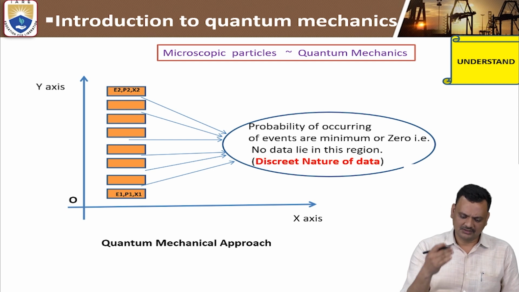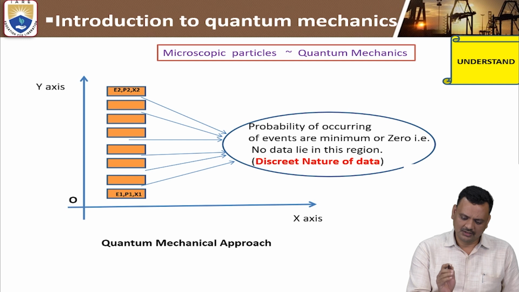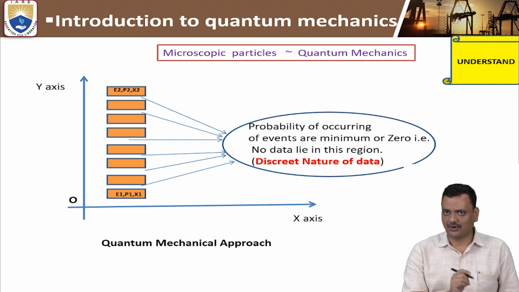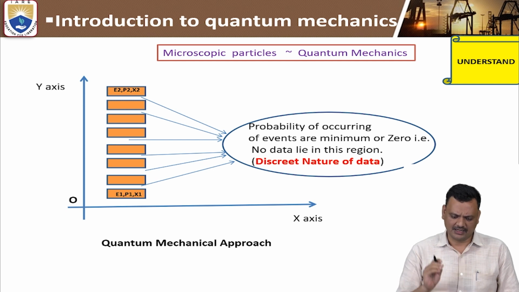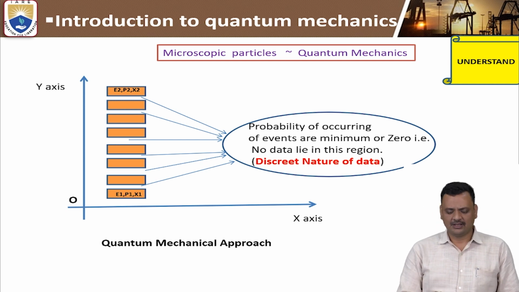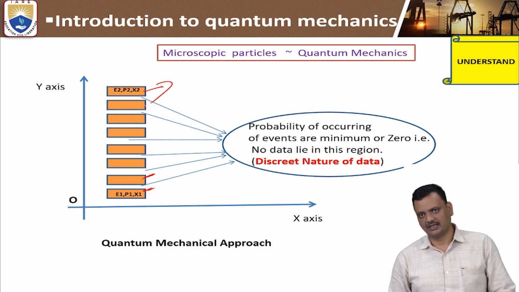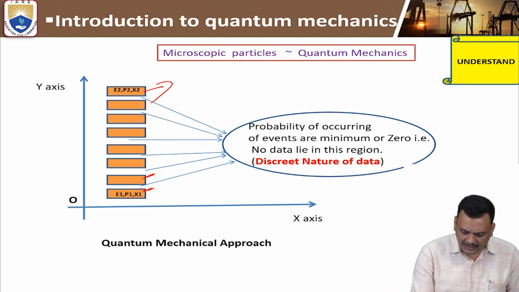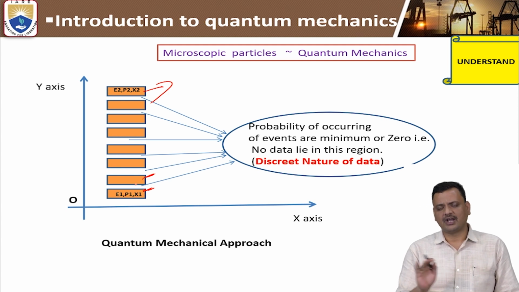Suppose in an experiment you find these three coordinates of a particle at different times or in different states. Here is one set for the particle, and another set, but in between these two sets there is no data.